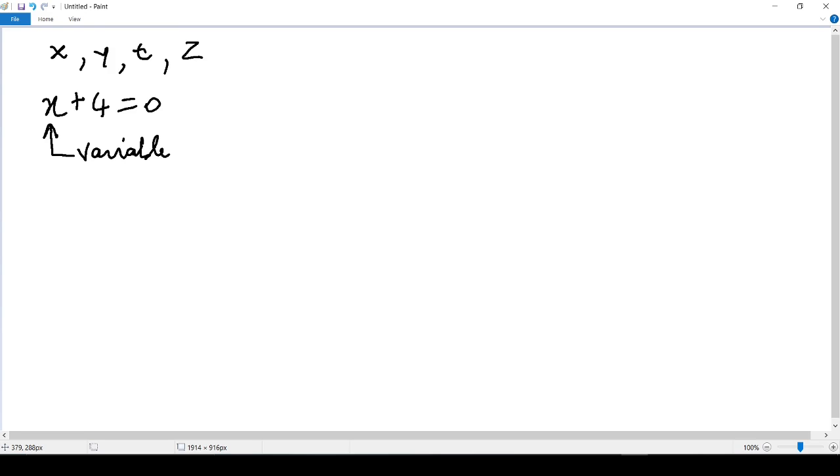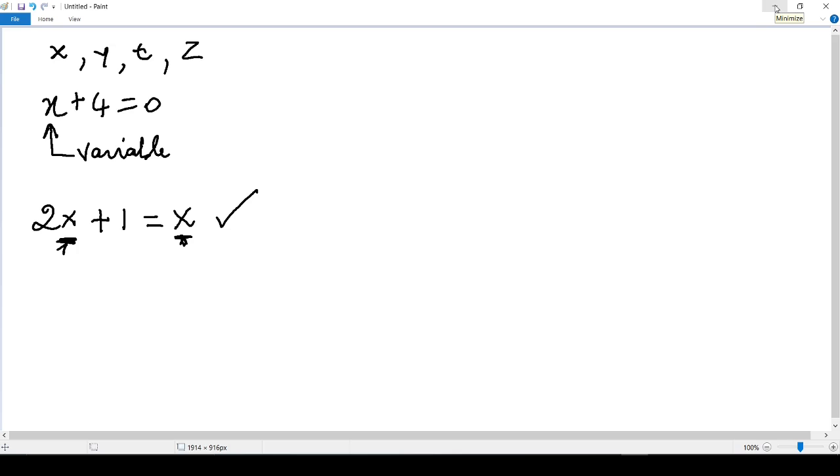Let's say 2x plus 1 equals x. Our variable is x, and the x is just repeated, but it's still the same x. So our equation here is still in one variable.